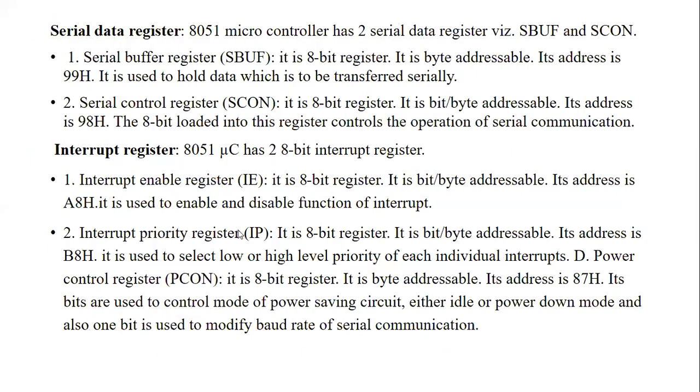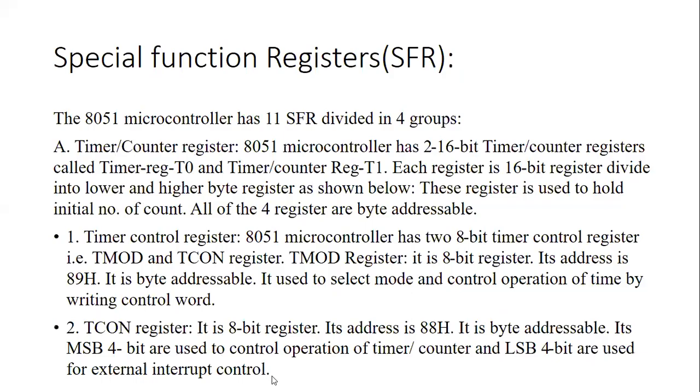Now next, there are some special function registers, SFR. The 8051 has 11 SFR registers, meaning 11 special function registers, divided into 4 groups. The first group is timer counter registers.